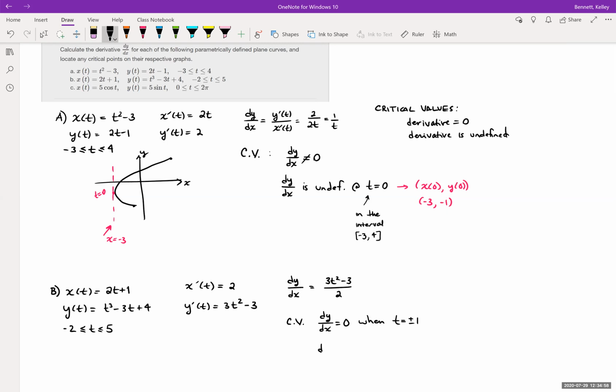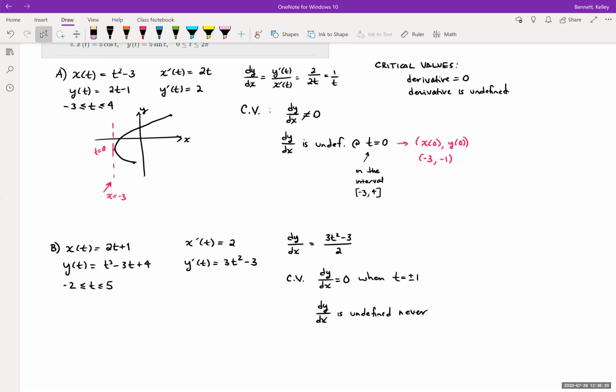And then I also need to check when dy/dx is undefined, and that happens never. So I have my t values that will give me critical points. And t being plus or minus 1 is in the interval; they're both in the interval -2 to 5.